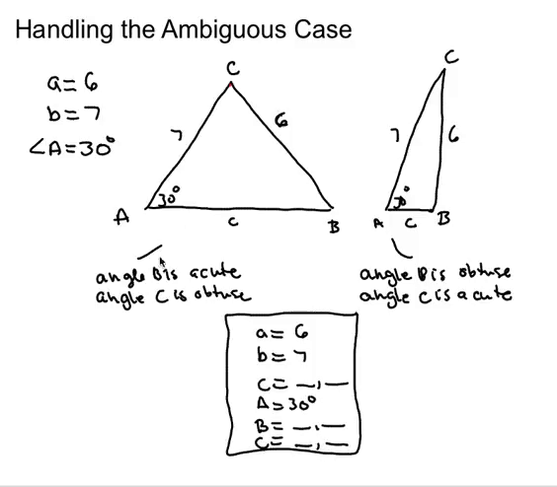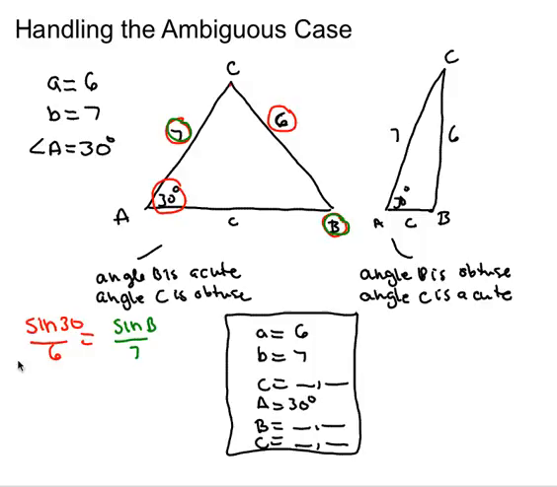Let's use the law of sines. I've got my 30 degrees and my 6, and I want to find angle B, and I know this is 7. If I set up my ratio, the sine of 30 over 6 equals the sine of B over 7.